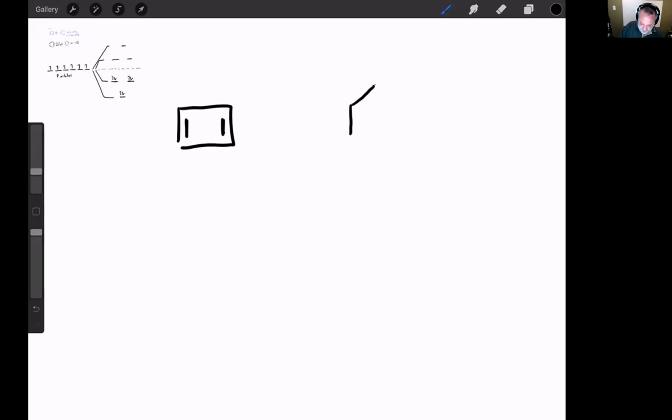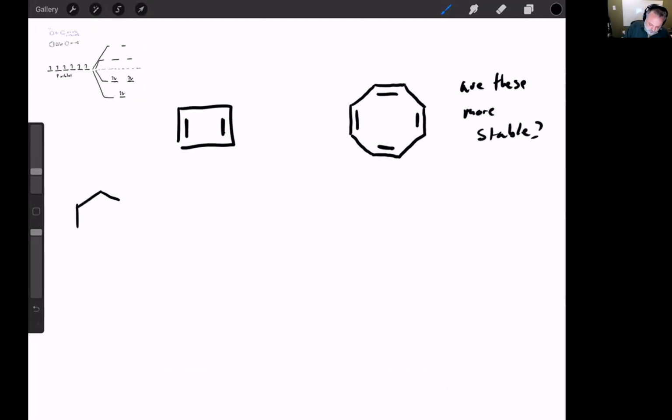Just like benzene, they have an alternating set of double bonds. They're conjugated. Are these more stable? Well, remember that it's very difficult to react with something that is stable.